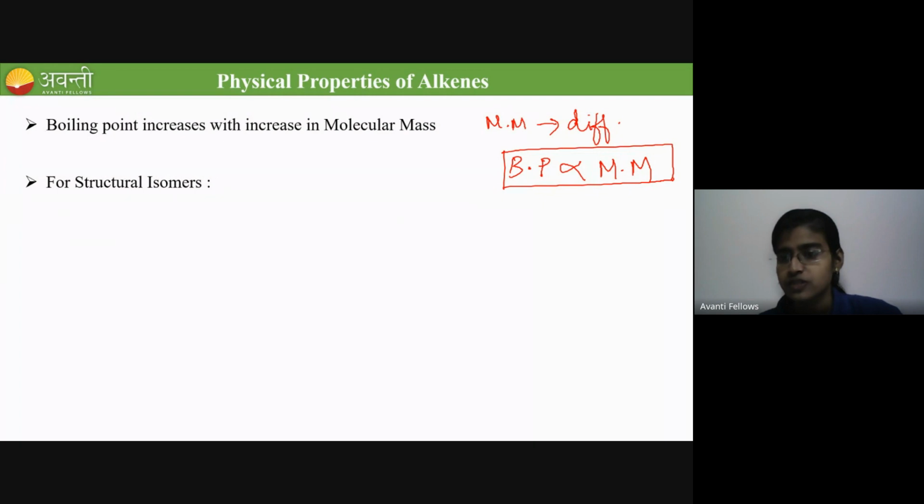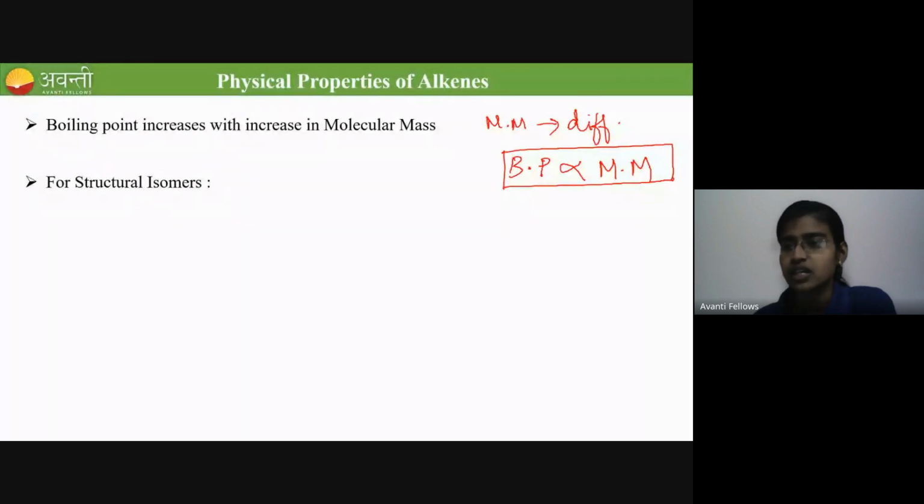What about Shivashankar and Priyanka? Same mass, different. Okay, Unnati, you have tried and one of you have raised your hand, it seems. Ishwar, yeah, you have raised your hand.